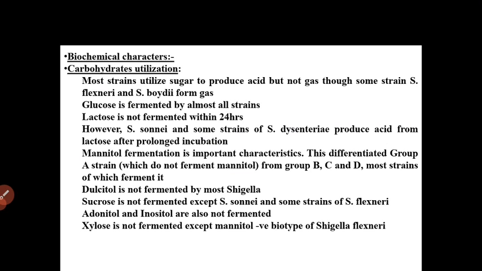Sucrose is not fermented except by Shigella sonnei and some strains of Shigella flexneri. Adonitol and inositol are also not fermented. Xylose is not fermented, except the mannitol-negative biotype of Shigella flexneri. Understood?